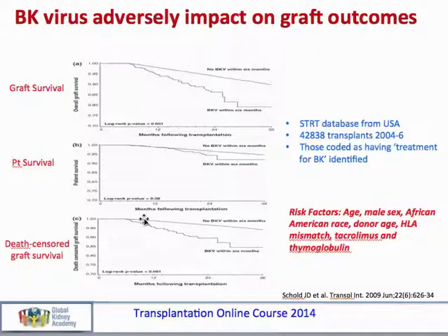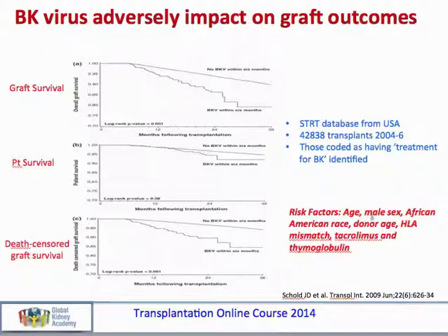They looked at the coding for those patients, and those who were coded as having treatment for BK were identified. And what you can see is that if you have BK, the graft survival is poorer, patient survival probably not so different, but death-censored graft survival again is poorer.